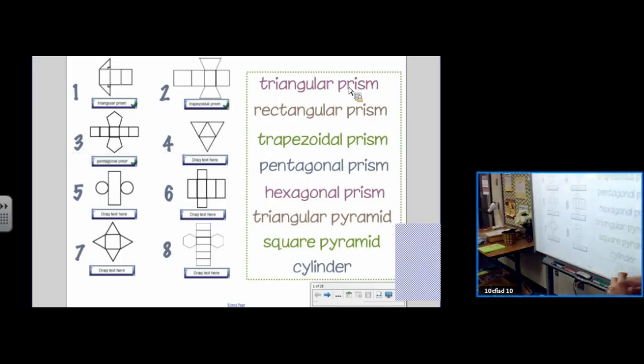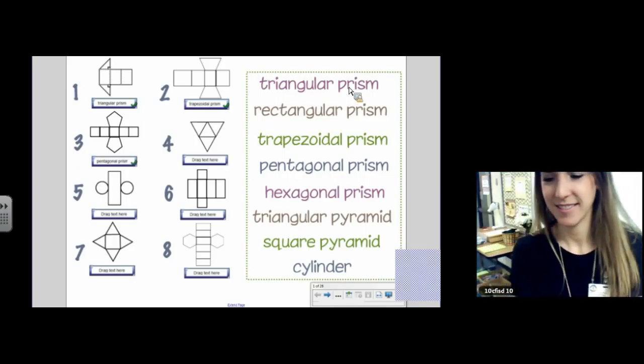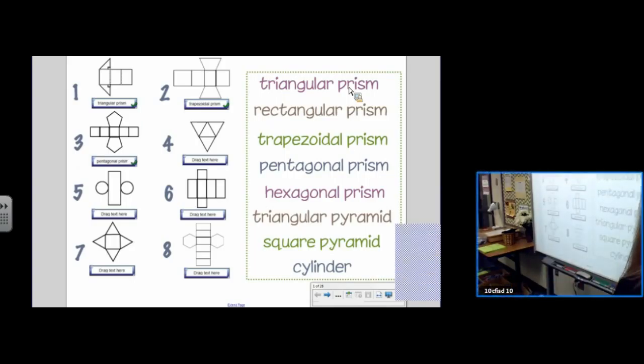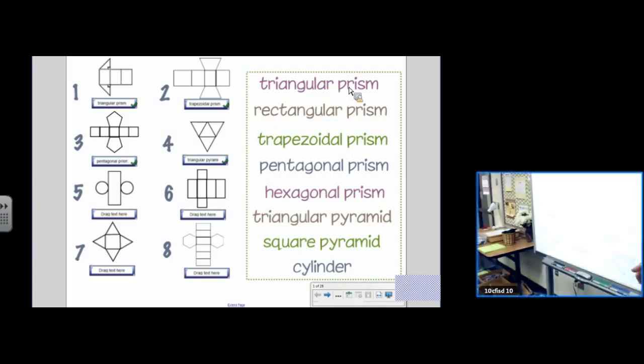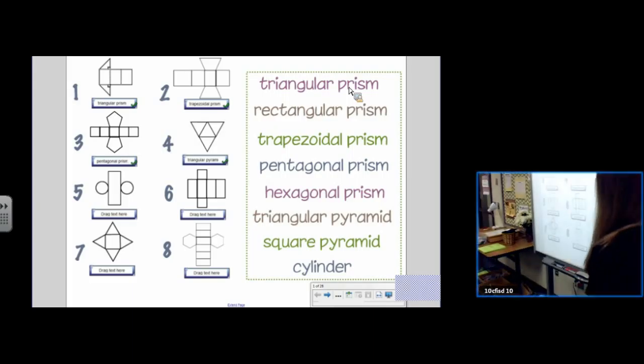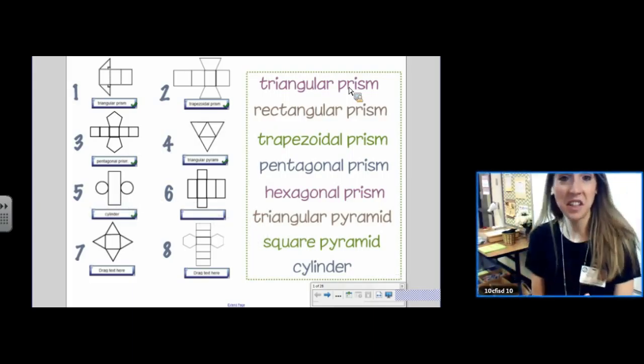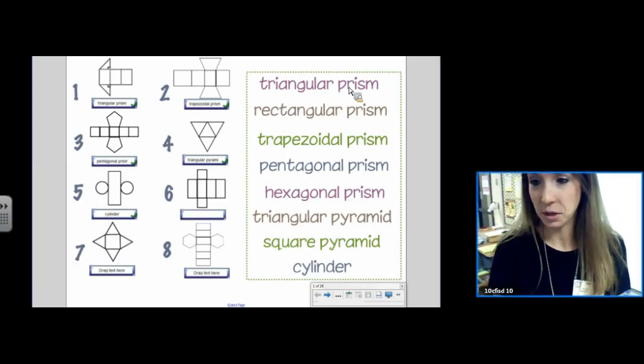Number four, what's number four called? This is definitely a triangular pyramid. The next one is, of course, a cylinder. Did you know that when you unfold a cylinder, you get a rectangle and two circles?